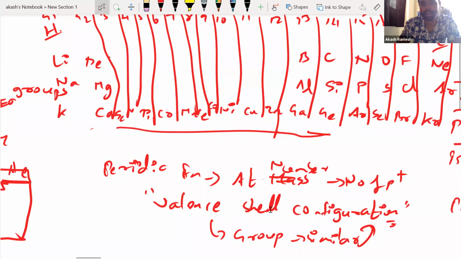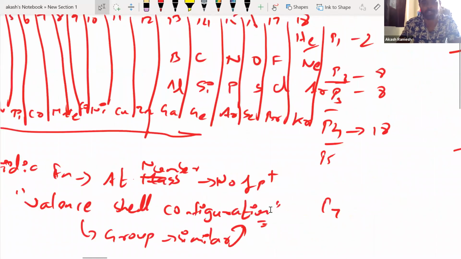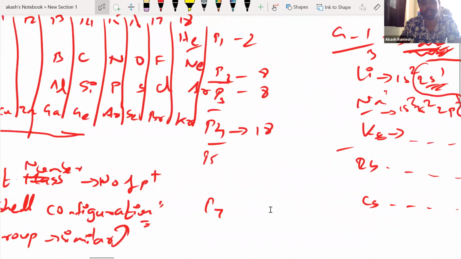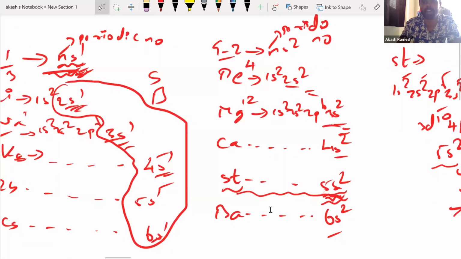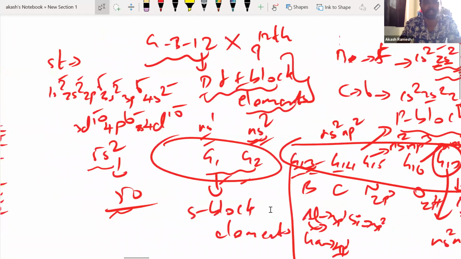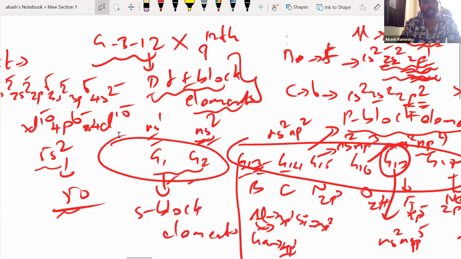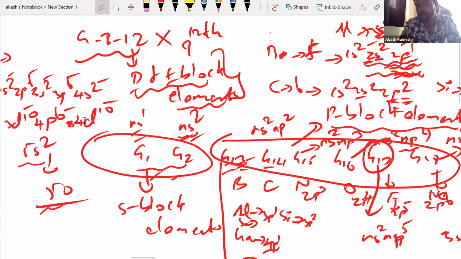I told you that there are 7 periods and 18 groups, right? For all of them, we saw the general electronic configuration: s block elements, p block elements, d and f block elements, transition elements, inner transition elements. Transition elements are d block, inner transition elements are f block, right?